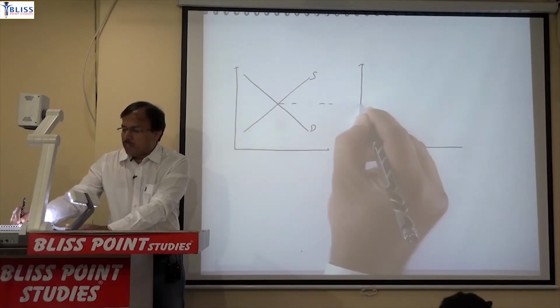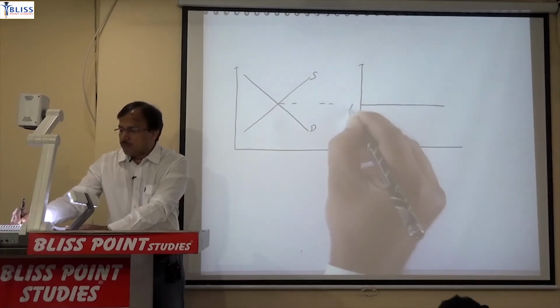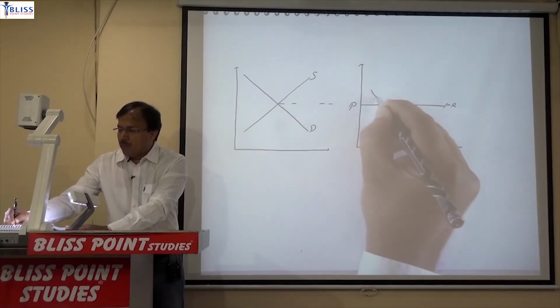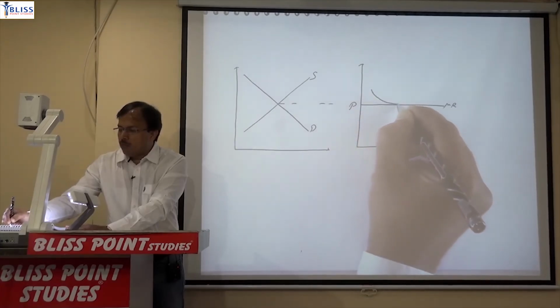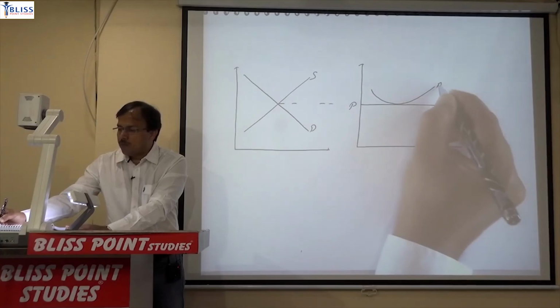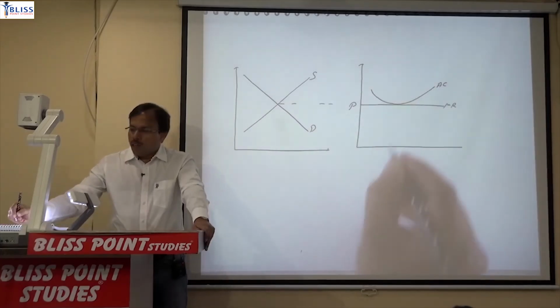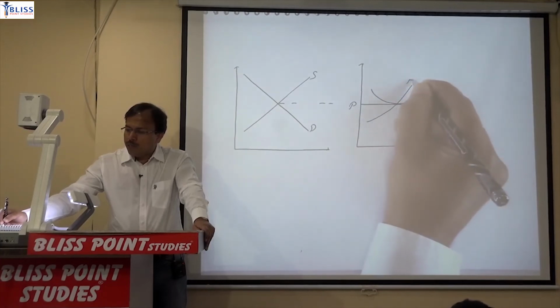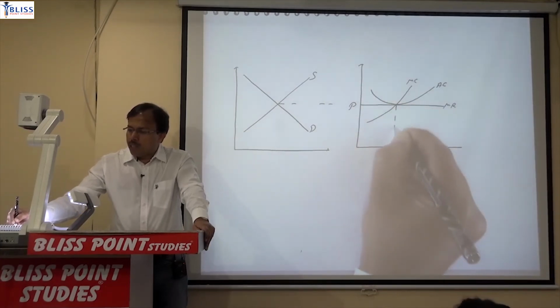Intersection determine price. MR, just keep average cost, minimum point will be tangent there, and passing through that minimum point draw MC line. MR equal to MC there.